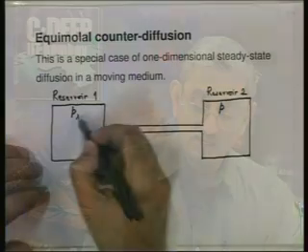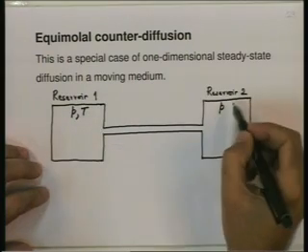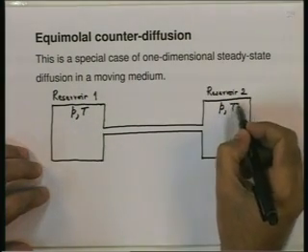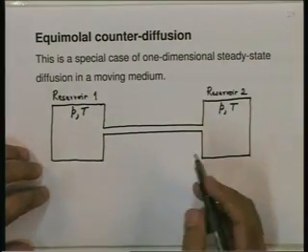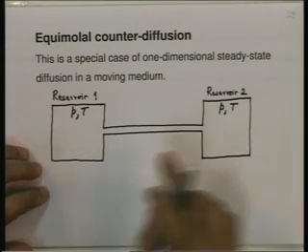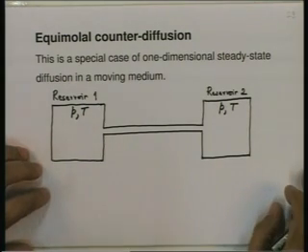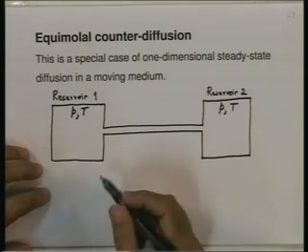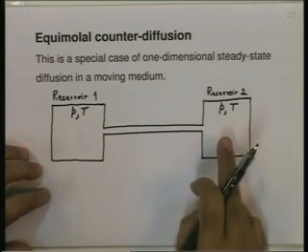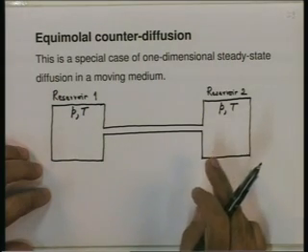In the case of equimolal counter diffusion, we assume that both the reservoirs are at the same pressure P and also at the same temperature T. They contain a mixture of two gases, assumed ideal gases, but the concentration is different in reservoir 1 and in reservoir 2.